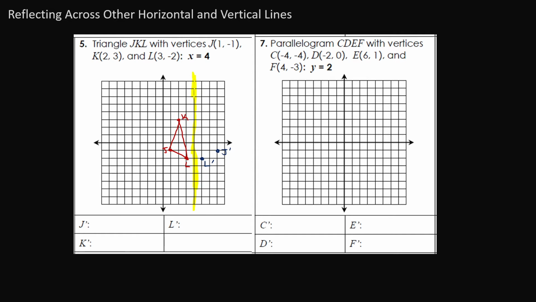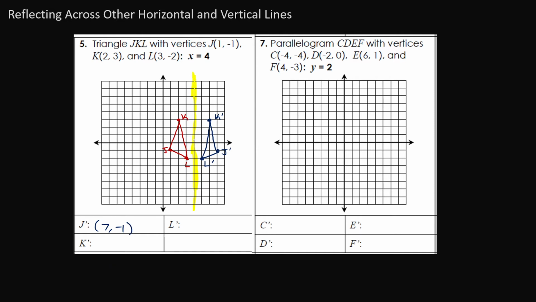And K prime is 2 units away. I'm going to move 2 units opposite direction. This is K prime. And here is my triangle. And just to confirm the coordinates, J prime is at (7, -1).